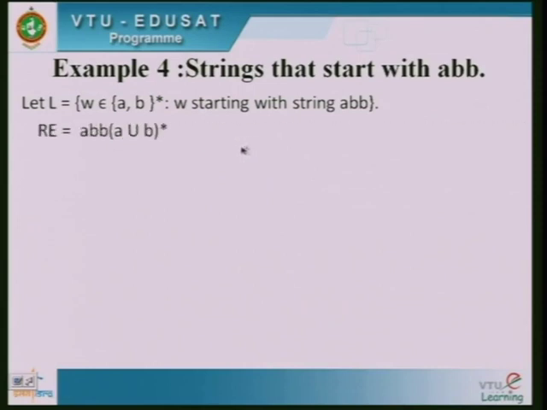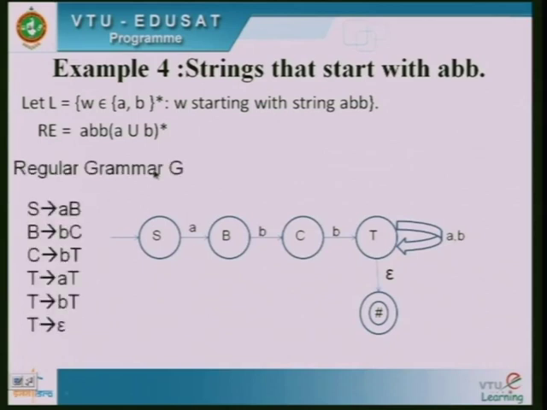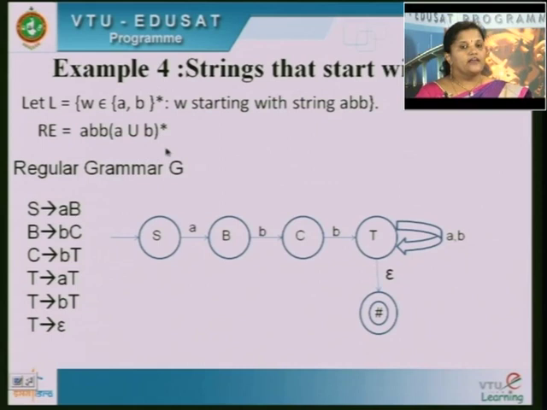If you write the regular expression, it will be ABB followed by A union B whole star. Starting, ABB is compulsory. Afterwards it can have either A or B, and it can be repeated 0 or more number of times.